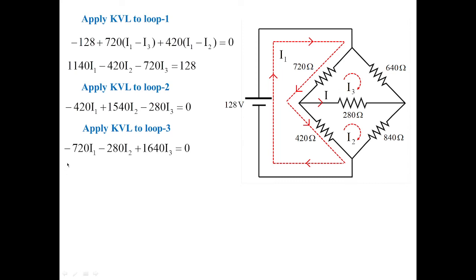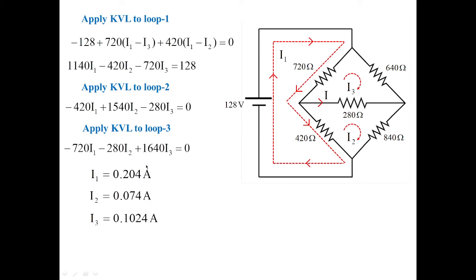So minus 720 I1 minus 280 I2 plus the sum of these three resistors, 1640 I3, equal to 0. Now these three equations you can name as equation 1, equation 2, equation 3.